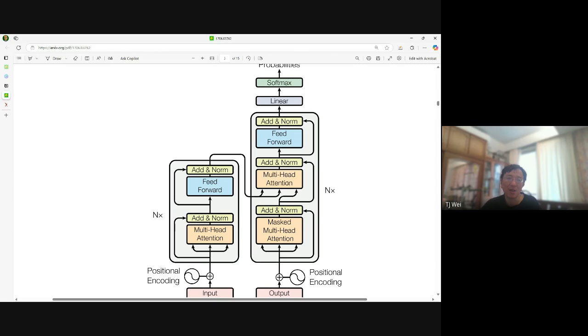It has a multi-head attention, but it will have a cross attention to this guy. So this is also an attention layer, but it is used for taking additional information from the encoder.